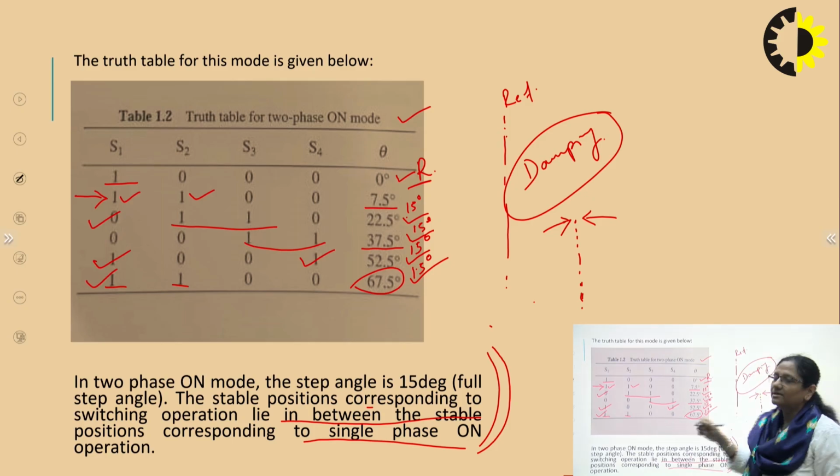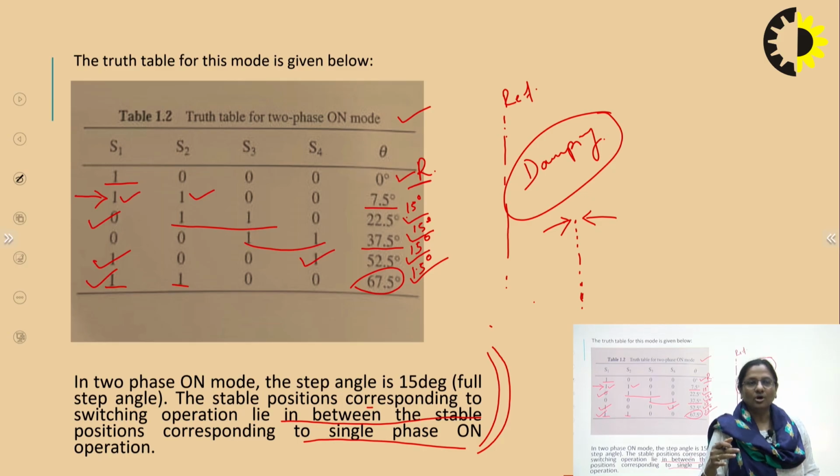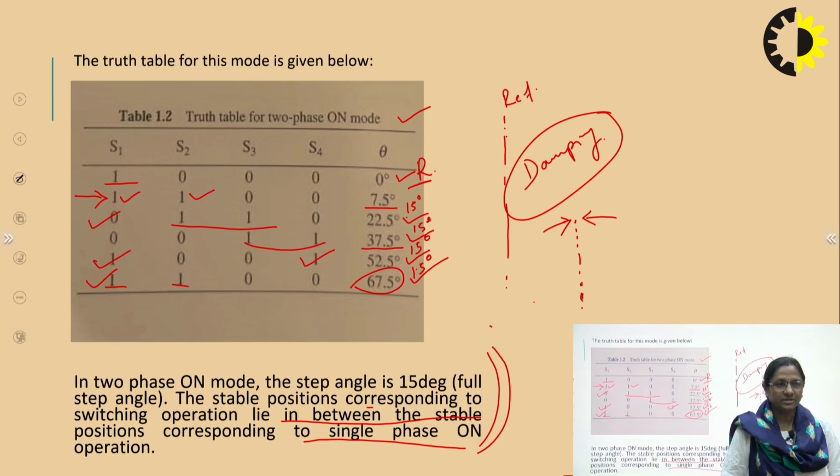So this automatically reduces the rotor oscillation. So this is the biggest advantage of this particular excitation scheme of variable reluctance stepper motor with respect to the single step on mode of excitation.